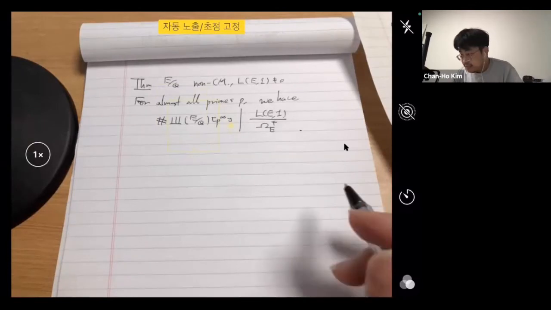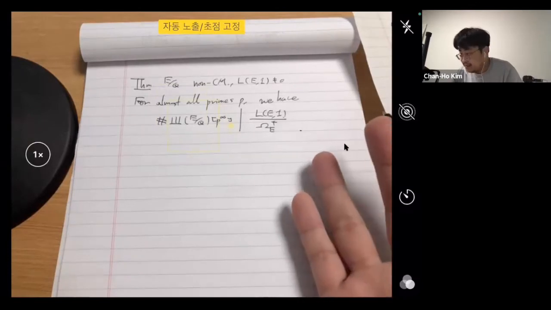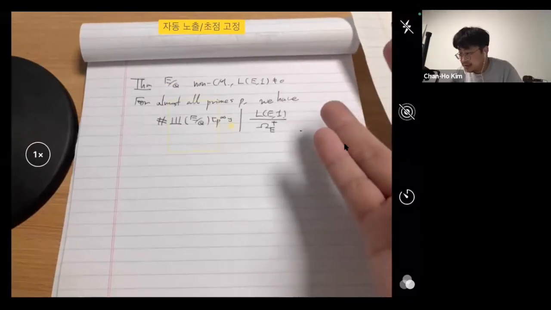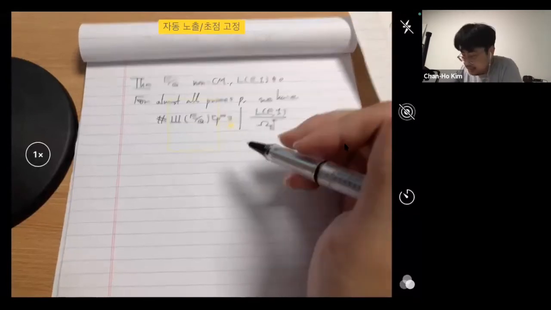So, I mean, this automatically implies that if the L value doesn't vanish, then the whole Tate-Shafarevich group is finite. So, sketch of proof.